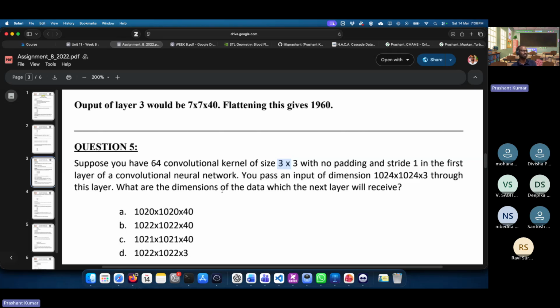What are the dimensions of the data in the next layer? So what will be the output? Minus 3, plus 1, that gives 1022 by 1022.